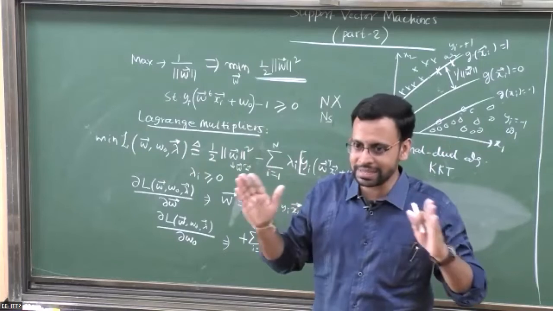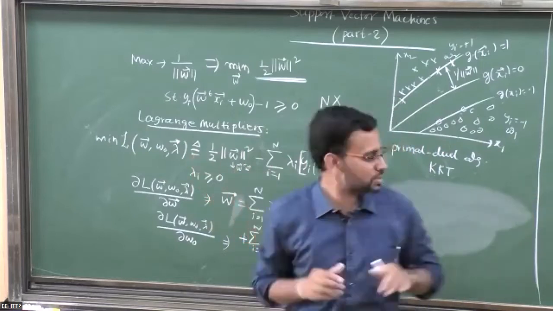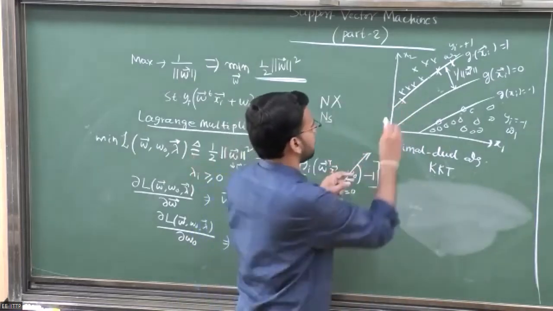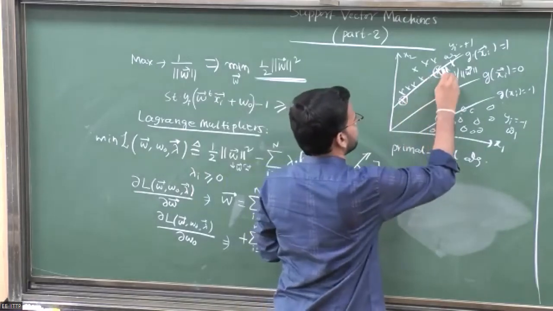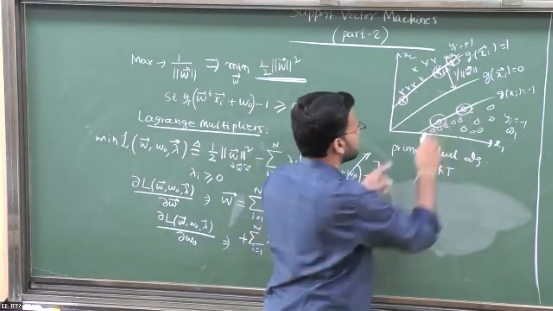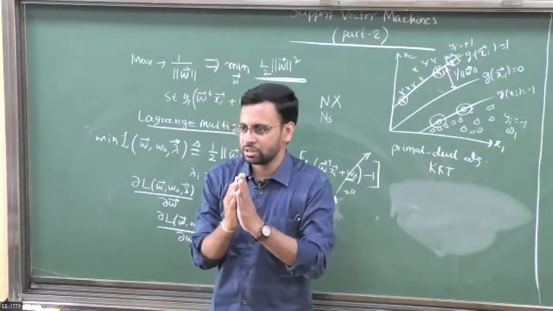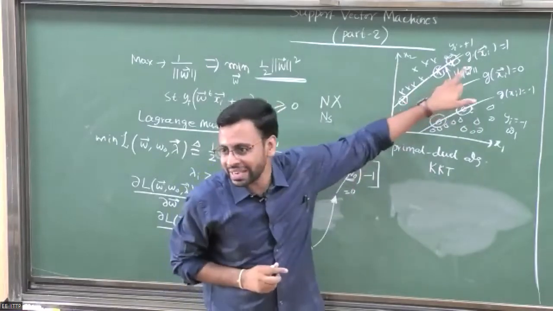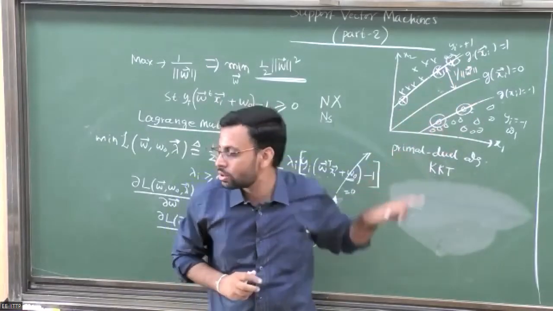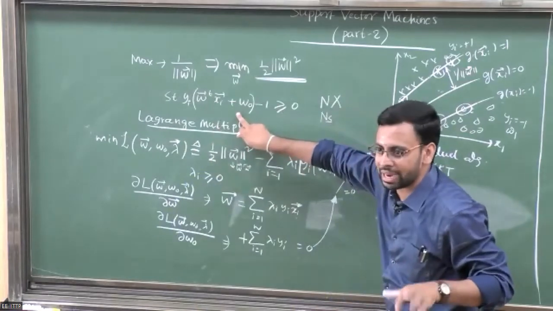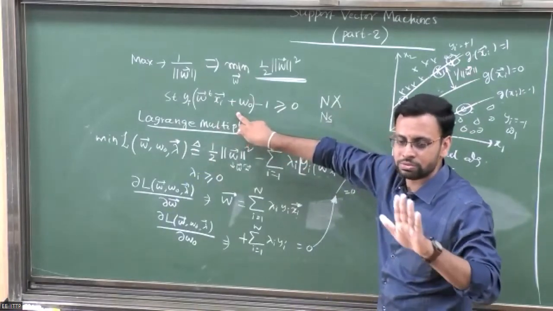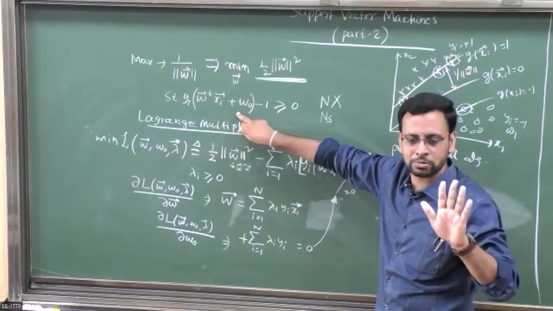You simply make the rest 0 and impose the constraint. See, suppose here I have this support vector, this here, this here, 5 I have. Just for these 5 xi, yi values, you put this constraint, make lambda i non-zero. For all the rest, make lambda i 0.